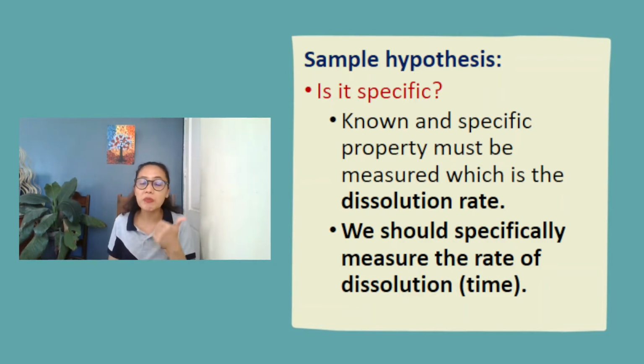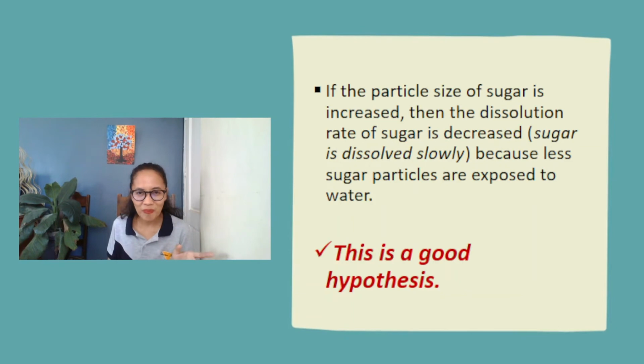So we should specifically measure the rate of dissolution, or the time at which the particles are dissolved, which is being stated in the hypothesis. Therefore, it is specific. Thus, this hypothesis is considered a good hypothesis.